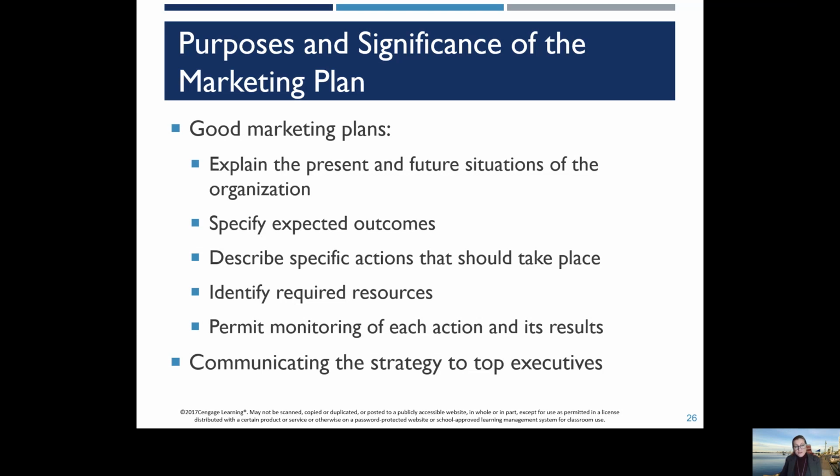There's specified expected outcomes in this marketing plan. Specific actions are identified that should take place, and when those actions should take place, who's responsible for those actions, what resources are required to make these actions happen, and then what's going on with regards to the monitoring.